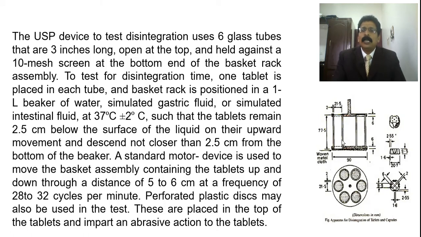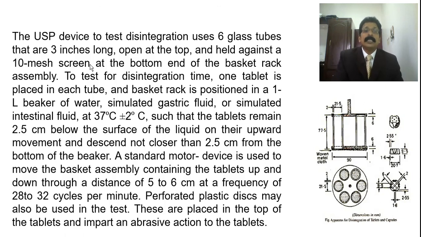How long, what its capacity is, and how long it should move in the water is given in this slide. The United States Pharmacopoeia device to test disintegration uses 6 glass tubes, 3 inches long, open at the top and held against the 10 mesh screen at the bottom.